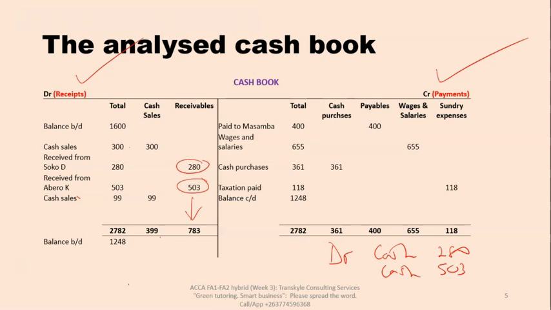This was also another debit, but there is also a credit entry to the receivables account of 783. The receivables account was being credited. Why? Because they were being reduced. Customers have paid their account, so it had to be reduced.